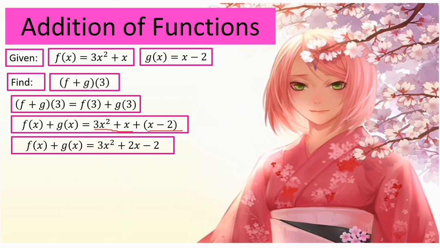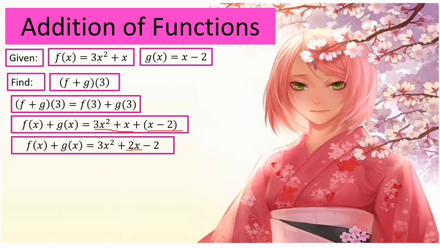So, ibig sabihin, ito kasi, positive times x. So, positive times positive is positive. So, positive times x is positive x. Then, positive times negative 2, it's negative 2. So, x plus x, kaya nakuha natin yung 2x. Then, copy negative 2. So, yan na yung sagot natin.